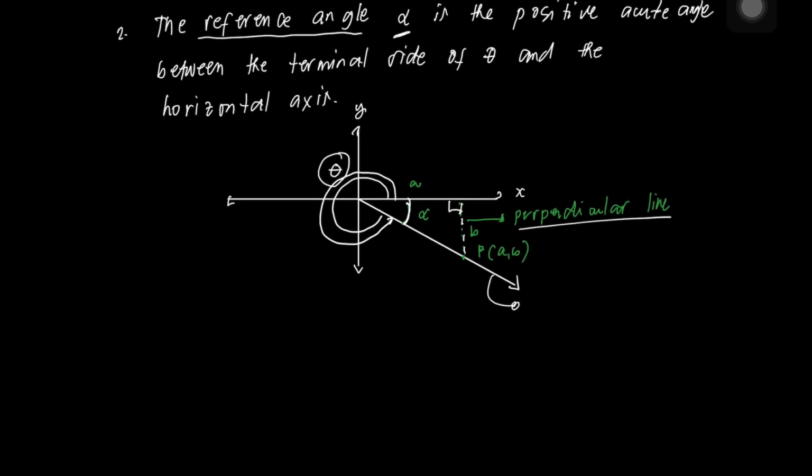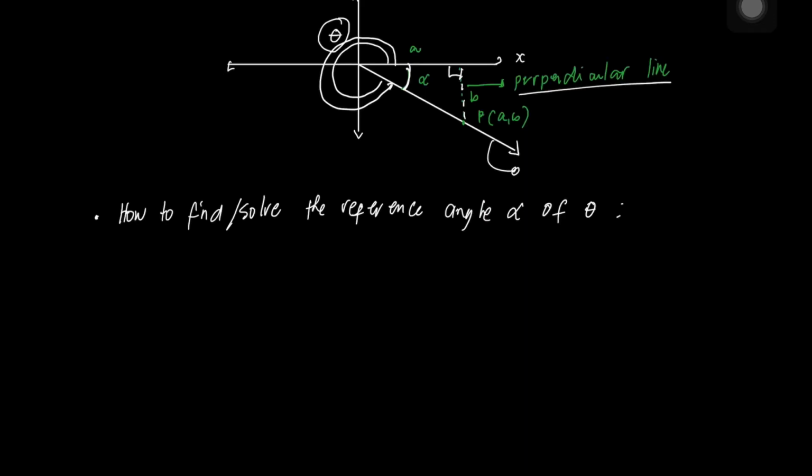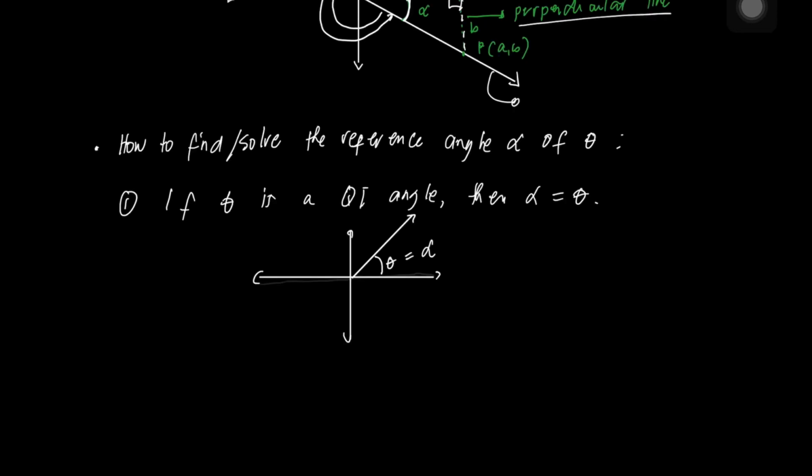Now, how do we find the reference angle of the given angle? We have 4 cases. For the first case, if theta is a quadrant 1 angle, then alpha equals theta, so the angle and its reference angle are the same.